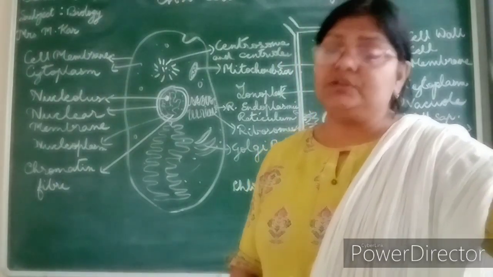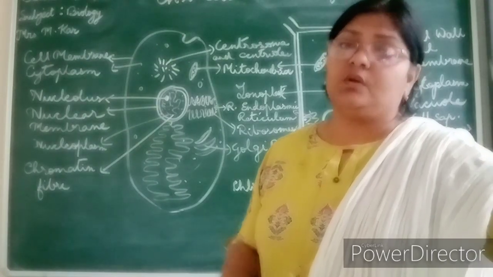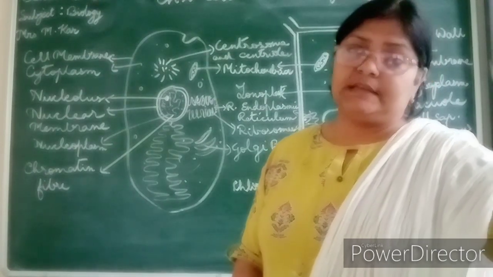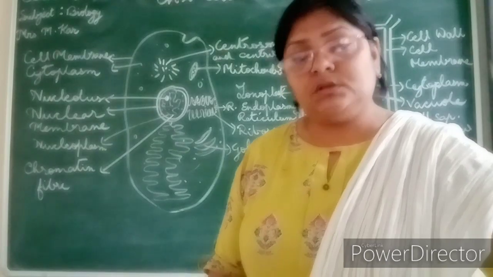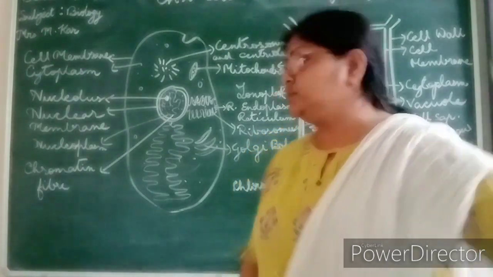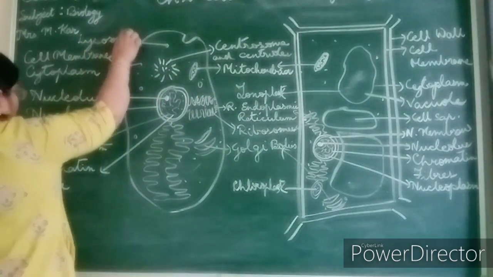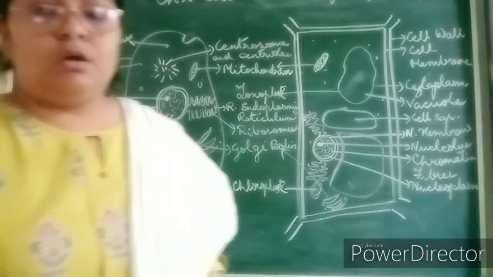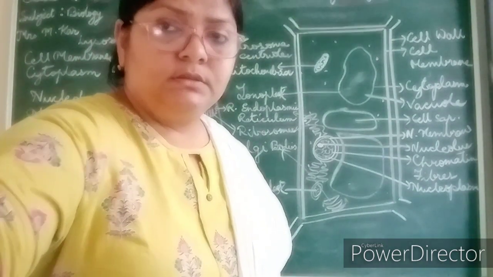If the cell gets damaged, it will dissolve the cell to which it belongs, so it is called a suicide bag. It can also destroy foreign particles entering the cell. So lysosomes are called suicide bags. Hopefully I was able to make you understand this.